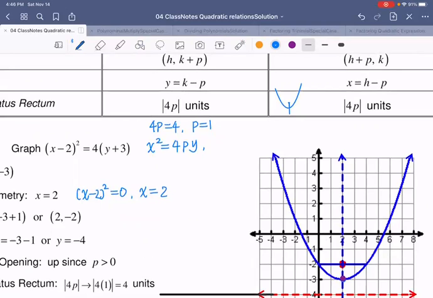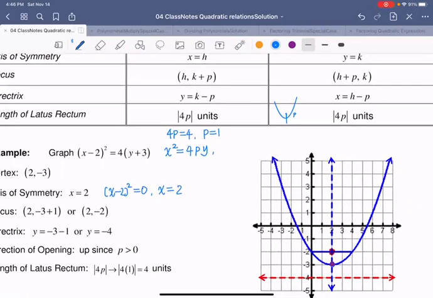This part from here to here, the top one, is P, and P is 1. So our focus is what? Our focus is at 0, P, so it's 0, 1, right?